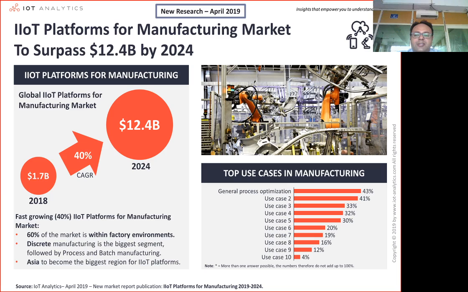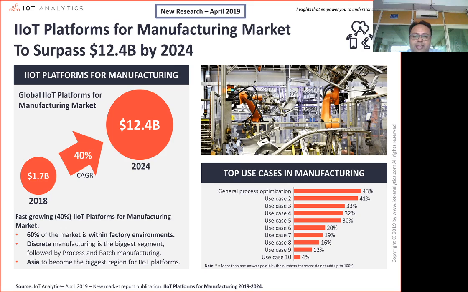So the business, with a cumulative growth rate of 40%, is estimated to become a $12.4 billion business by 2024, and out of that, 60% of the market would be from factory environments. From this, discrete manufacturing is going to be the biggest segment, followed by process and batch manufacturing.